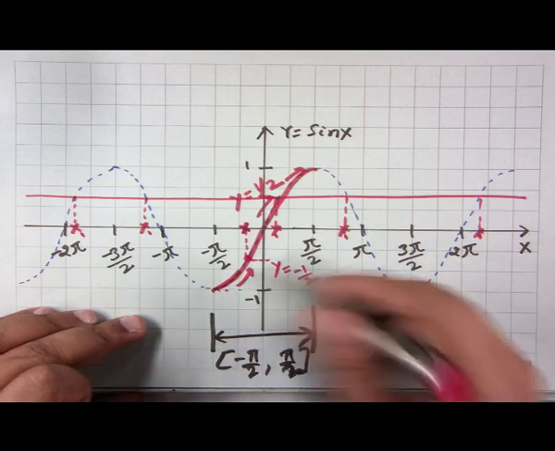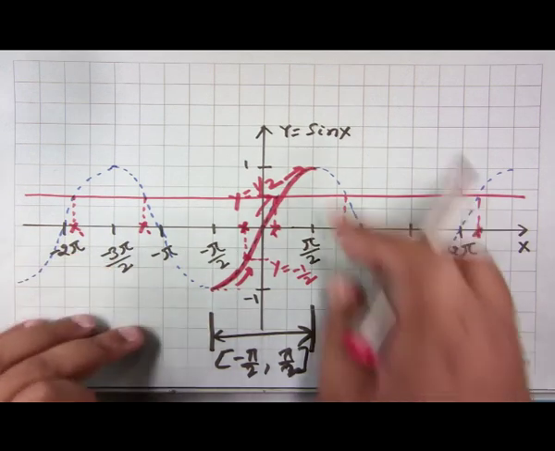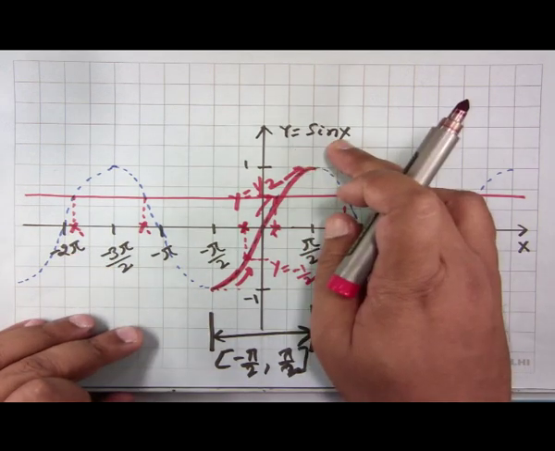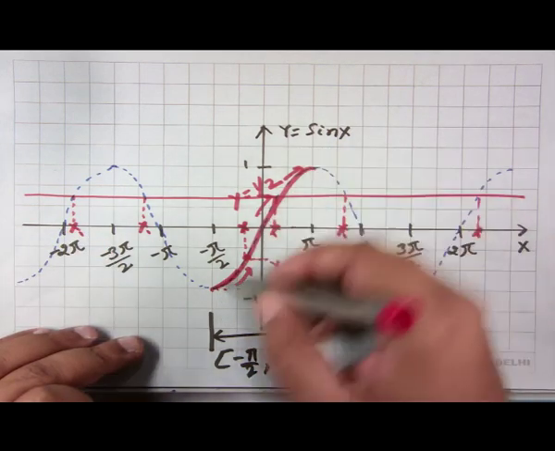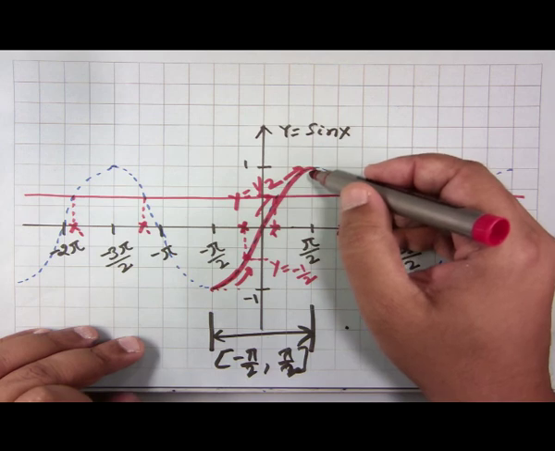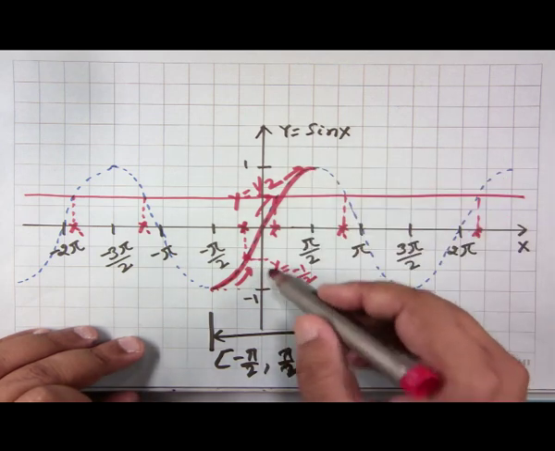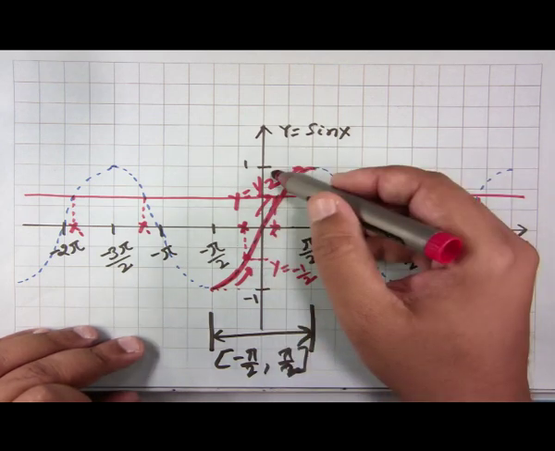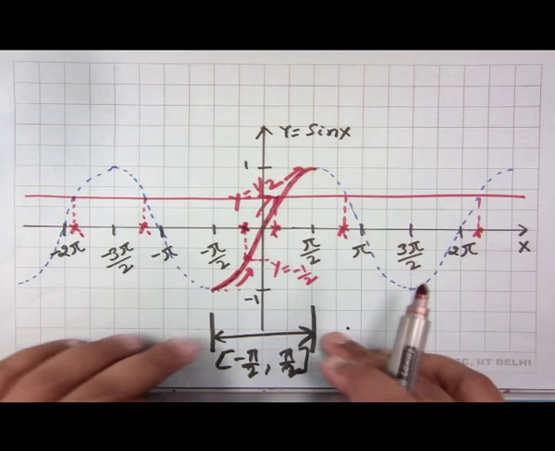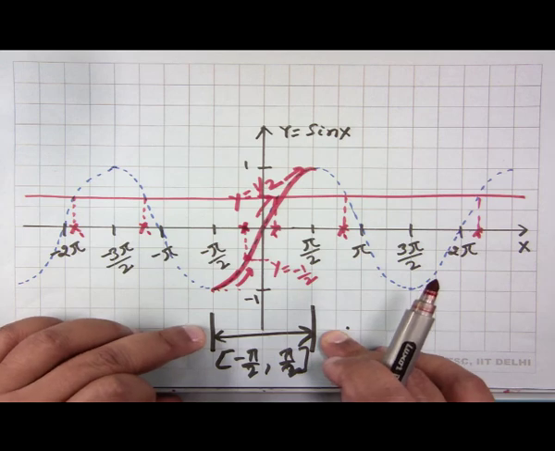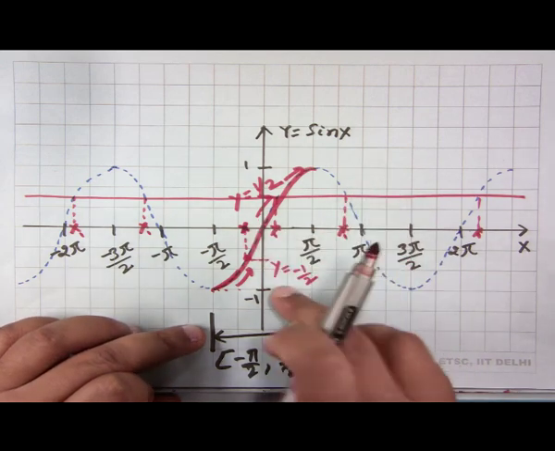This is because, in this restricted domain, the sin x function is a strictly monotonically increasing function of x. Therefore, for any y that we take in the range -1 to +1, there will be a unique value of x in this interval such that sin of that x will be equal to this y.